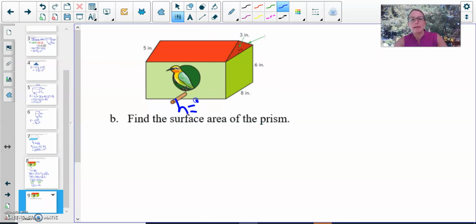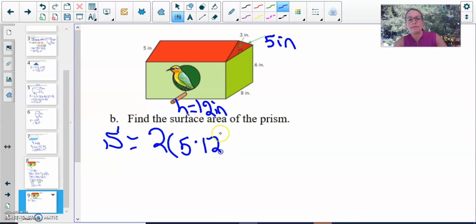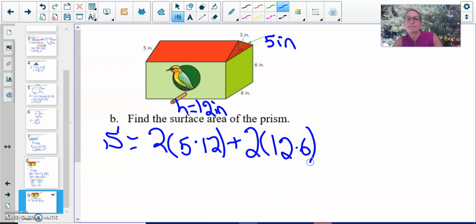Now our last question says, find the surface area of the prism. We know our height was 12 inches. Now we have to find all the areas of the faces. Start at the top: we have 2 rectangles that are each 5 by 12, plus the front and back rectangles, 2 rectangles that are each 12 by 6.